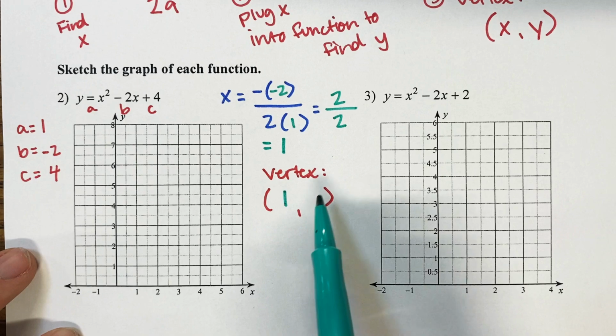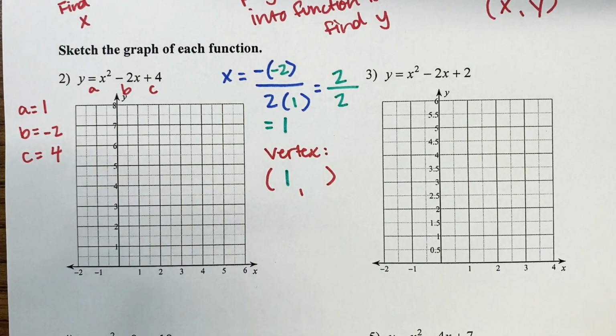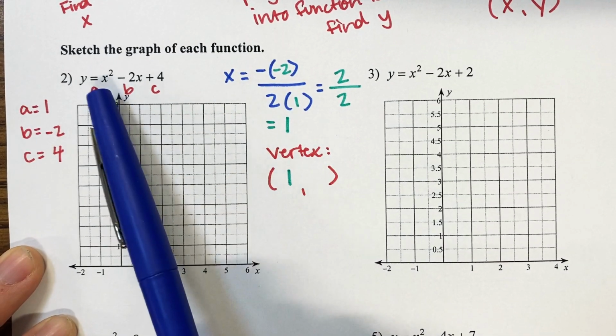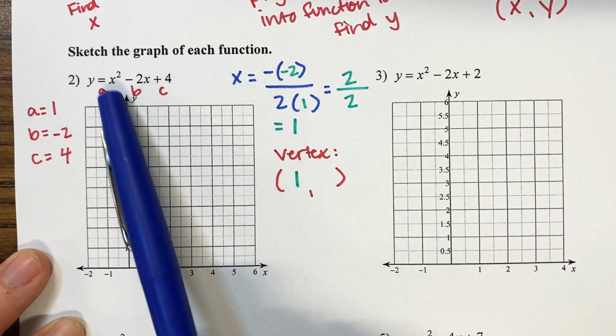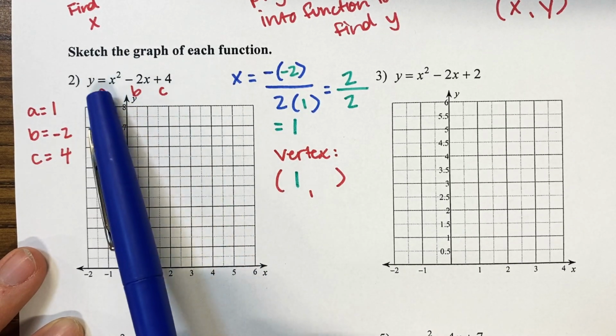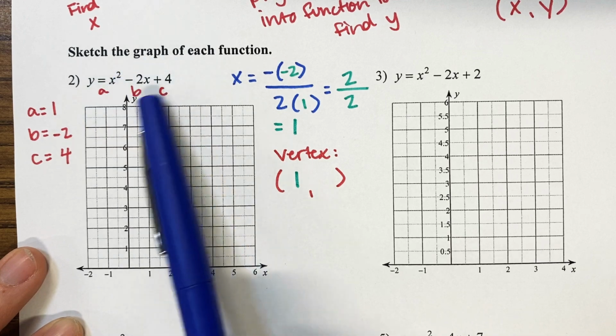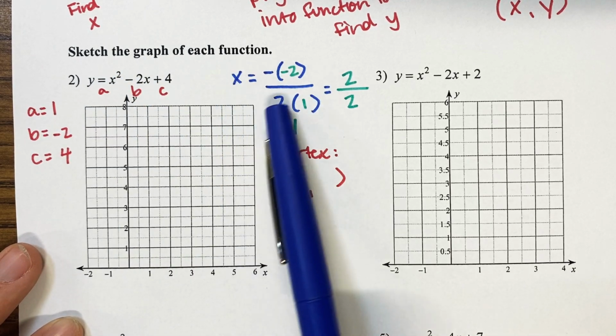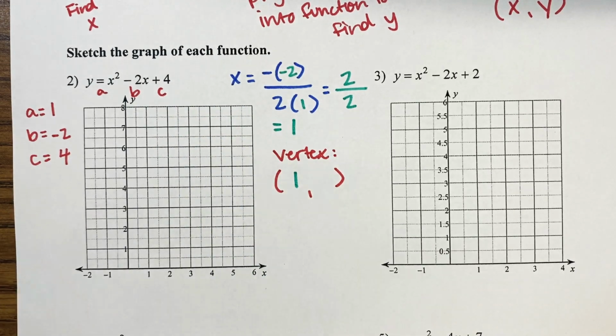Okay, but we're still missing the y part. This part might be the little tricky part. Now we are going to use our x and plug it in everywhere we see an x in our function to find y. You see how it says y equals this rest part? Well, everywhere we see an x, we're going to plug in that 1, because that's what we found x to equal.